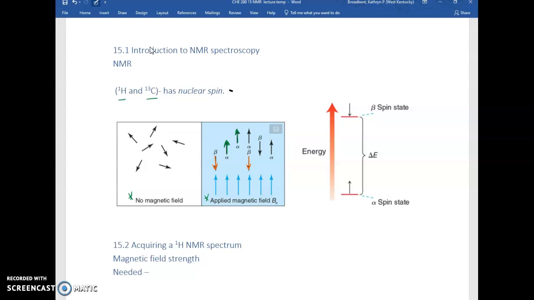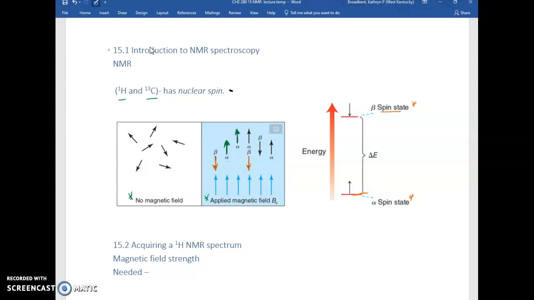There's an energy difference between being in the alpha state with the field and being in the beta state against the field. So this is the energy of the alpha spin state, and this is the energy of the beta spin state up here.